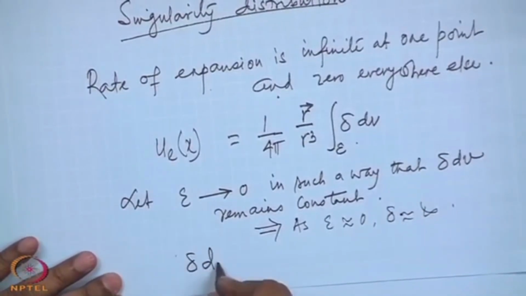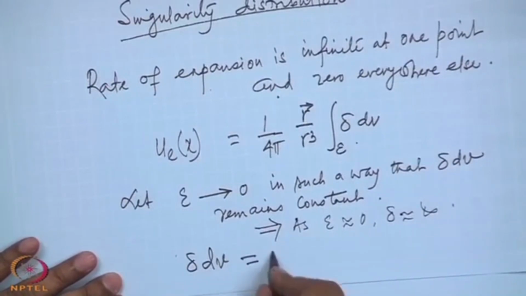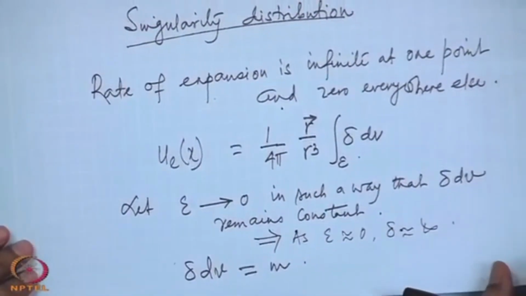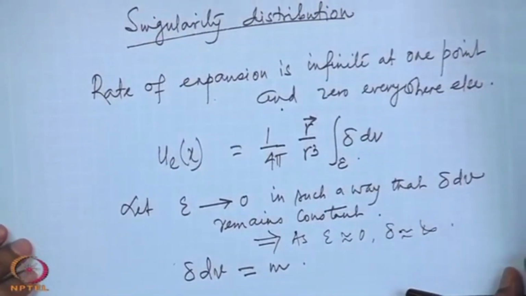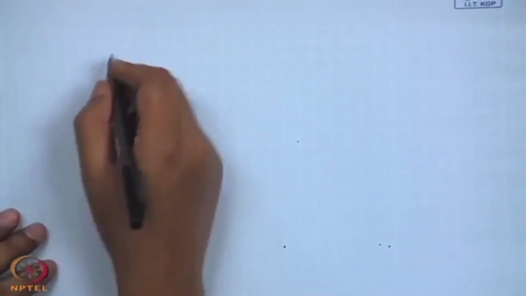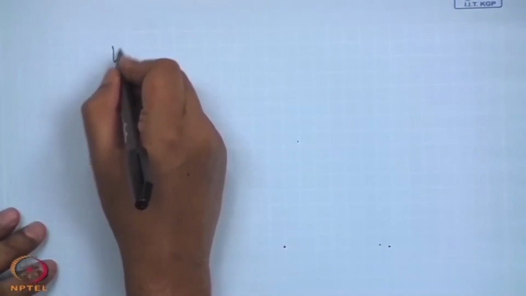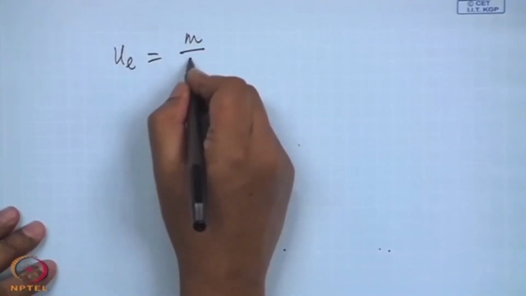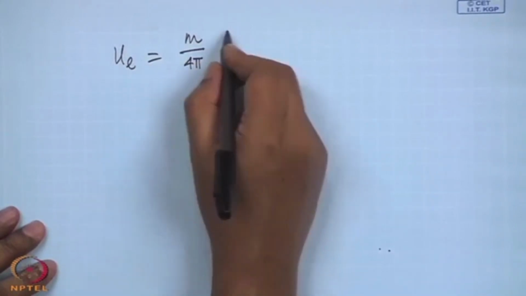And this constant, delta dV constant, let us denote it by m. Then we can write u e equal to m by 4 pi times the expression.